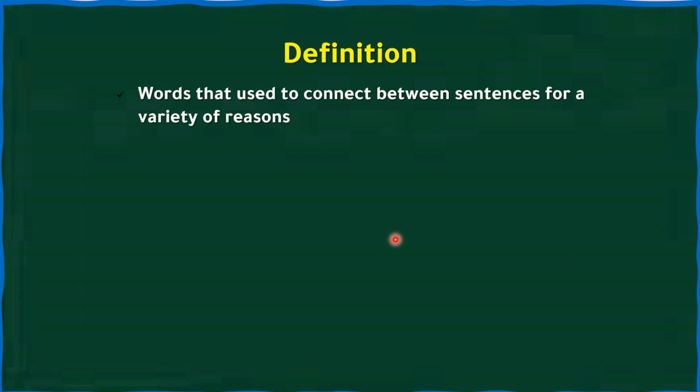First, linking words are words that are used to connect between sentences for a variety of reasons. To connect means to relate between two sentences or more, for many reasons or for a variety of reasons.